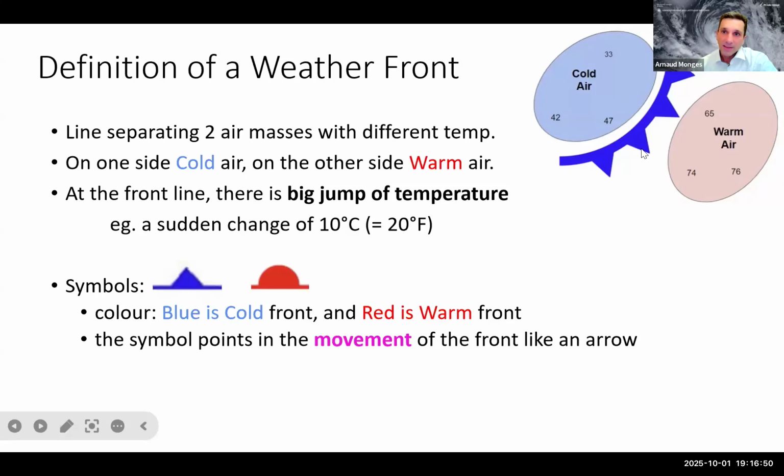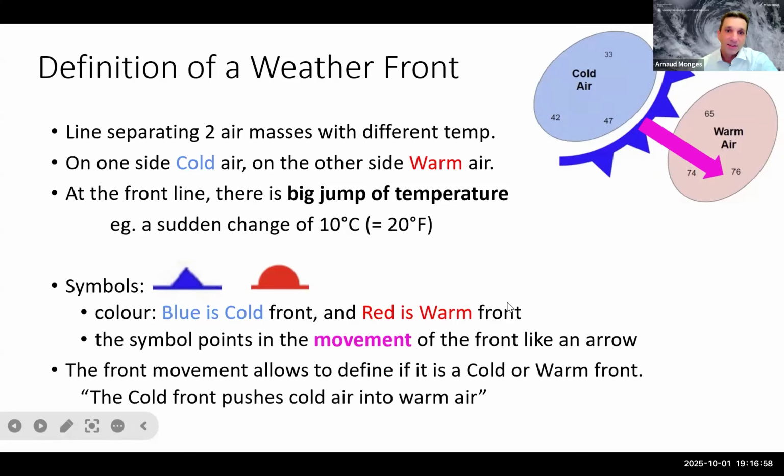So if I look at this front here, the triangle gives me the direction the front is moving, to the right. And the front movement allows us to define if it is a cold or a warm front. So the definition of the cold front is that the cold front pushes cold air into warm air. This is quite an important definition.